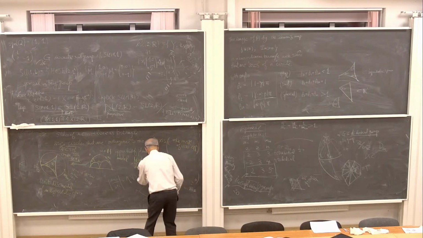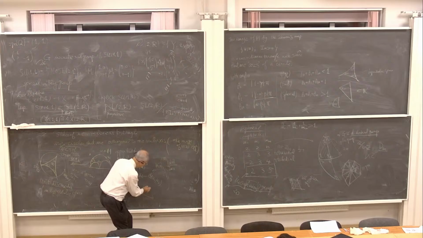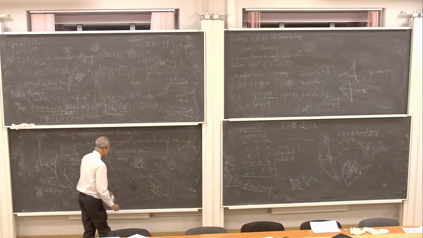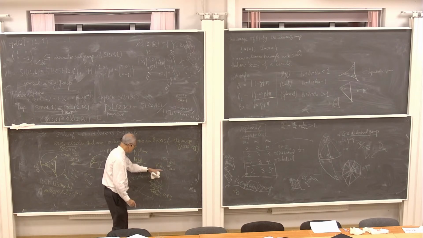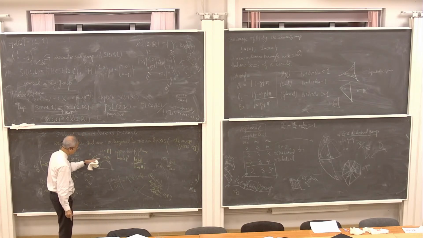This will be the hyperbolic distance between U1 and U2. There are different types of curves that connect U1 and U2.